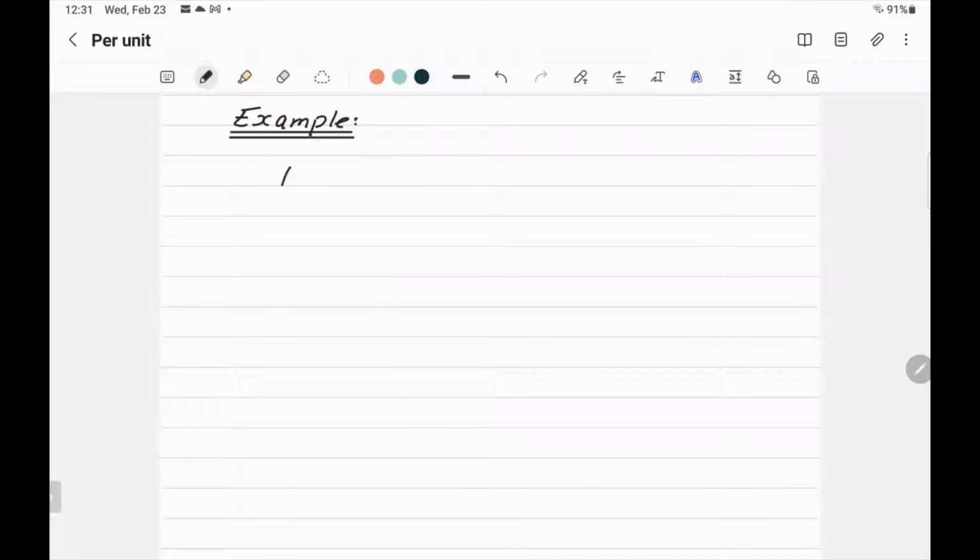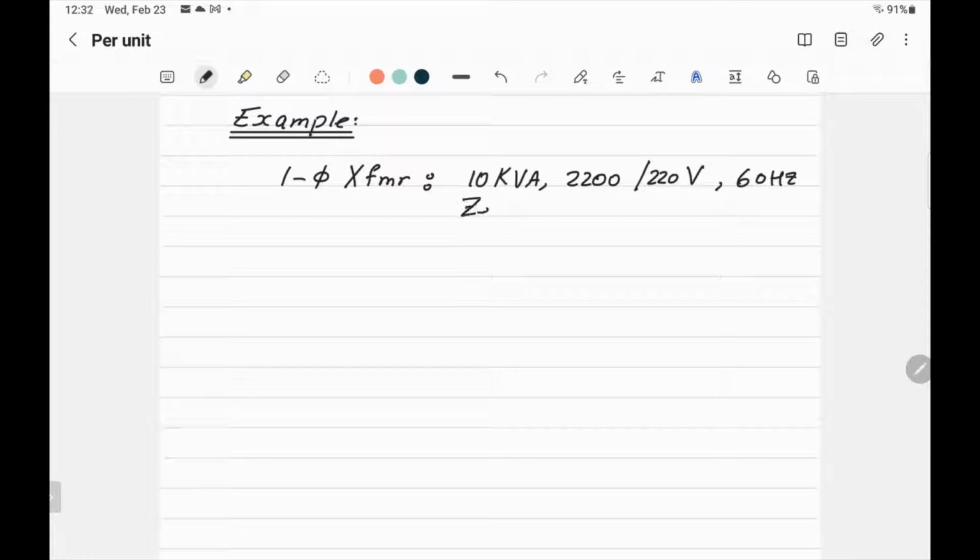Here's a single phase transformer that has the following data: 10 kVA, 2200 volts, 60 hertz. The equivalent impedance, on the right side, was found equal to 10.4 plus j31.3 ohm.